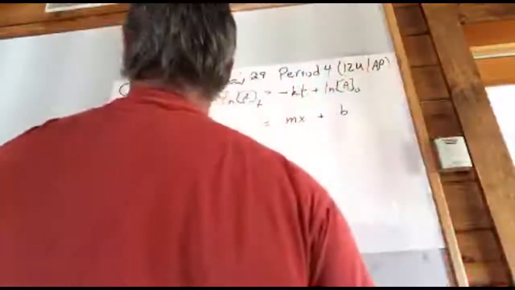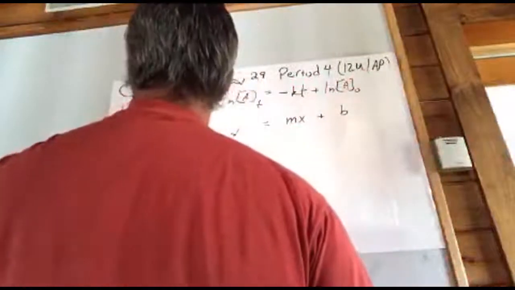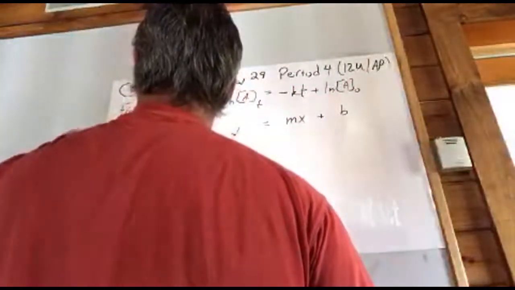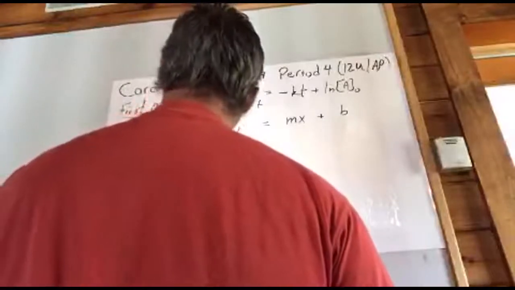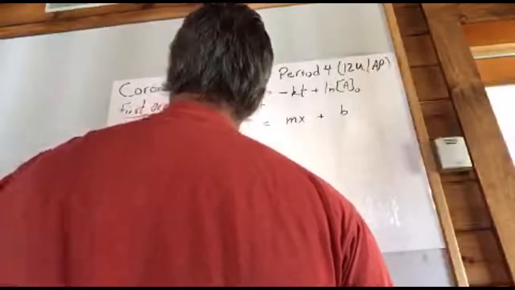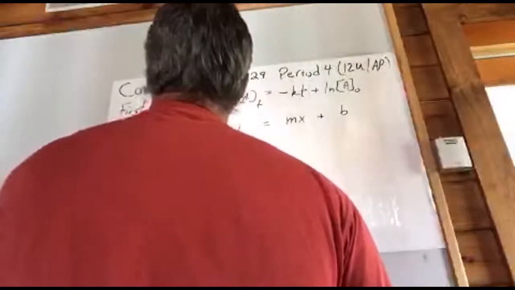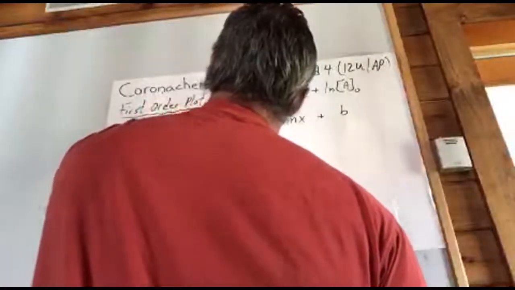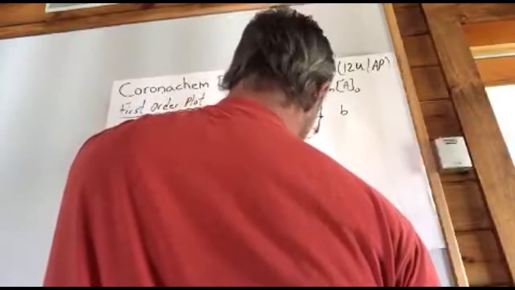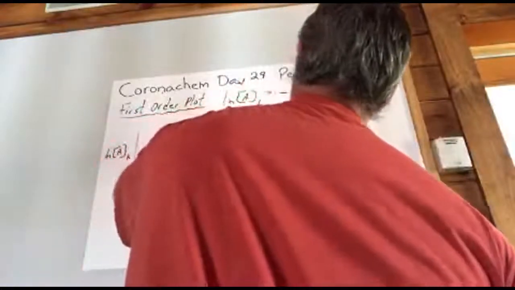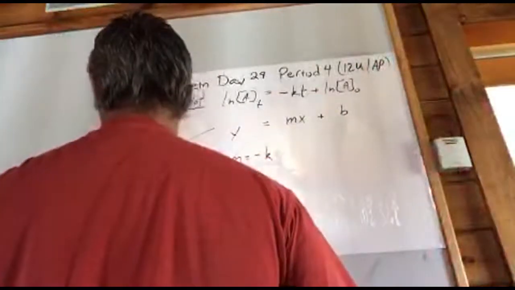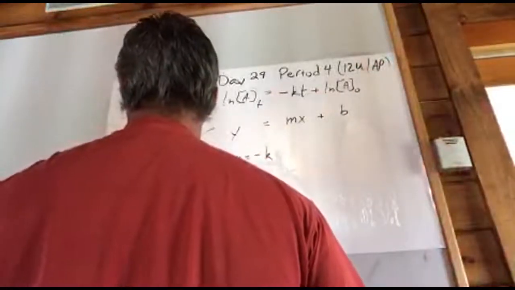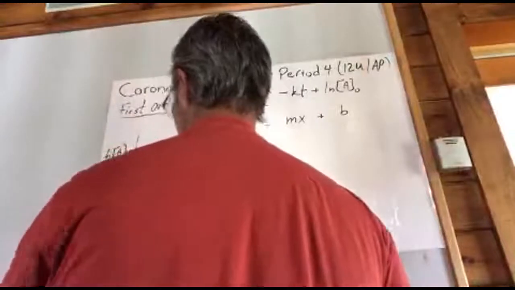So if you plot ln of A at some time t versus time, you're going to get a line that's going to be straight. The slope is going to be delta y over delta x, which equals m and is equivalent to negative k. The intercept will be ln of A naught, the time 0 value of A.